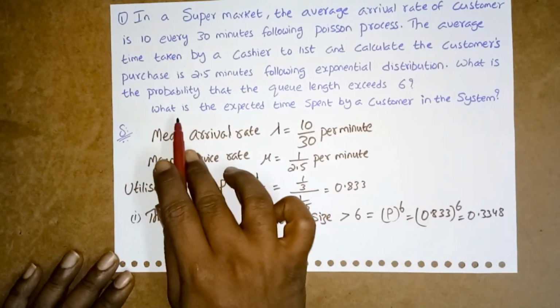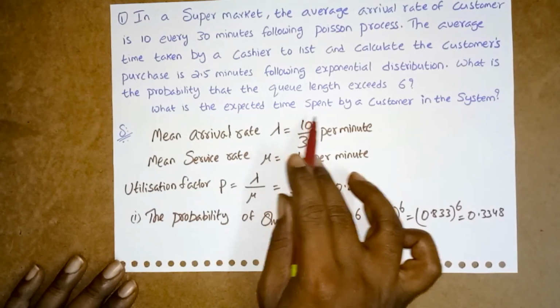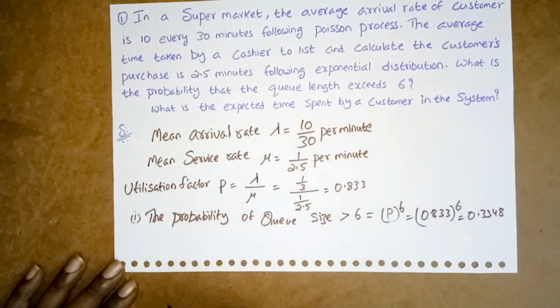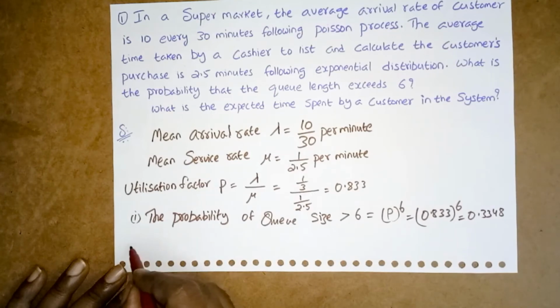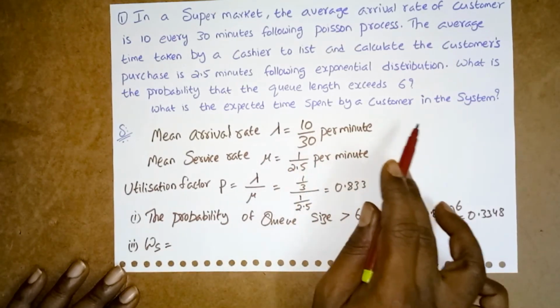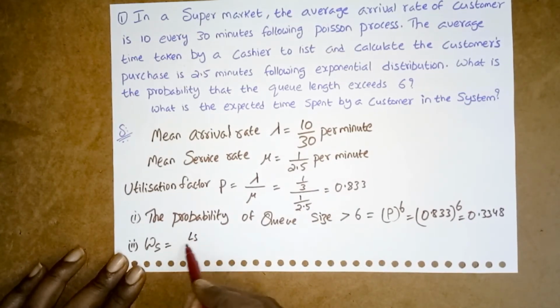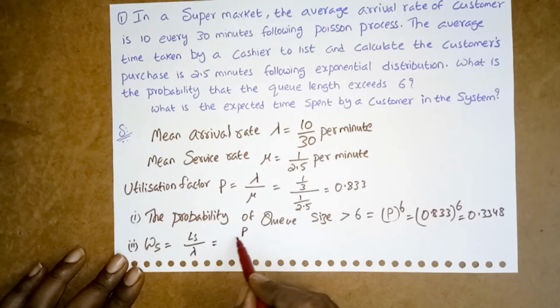Next part of the question: what is the expected time spent by a customer in the system? The expected time is Ws. Ws is Ls by lambda, and Ls is rho by 1 minus rho.